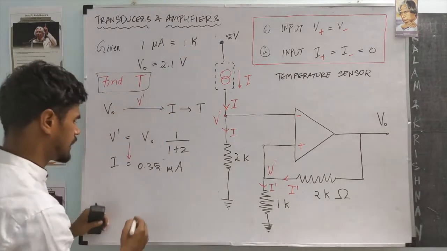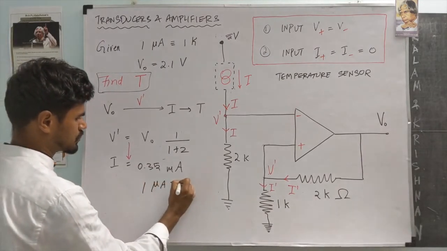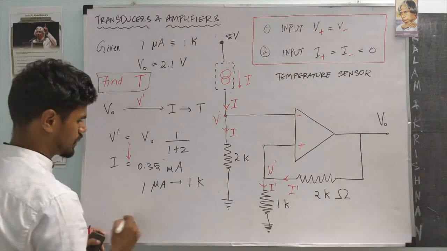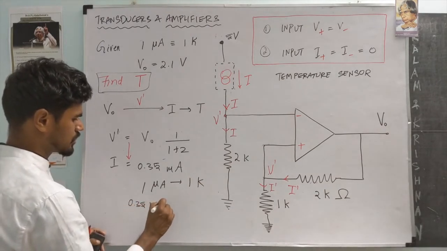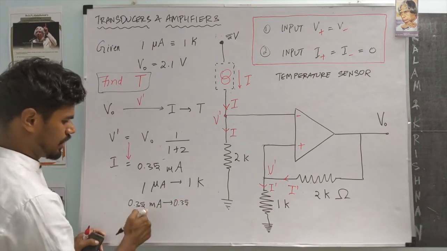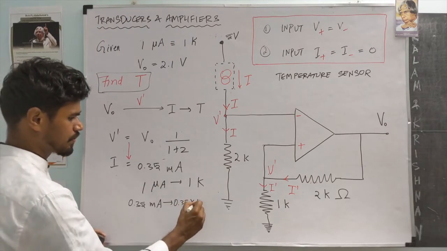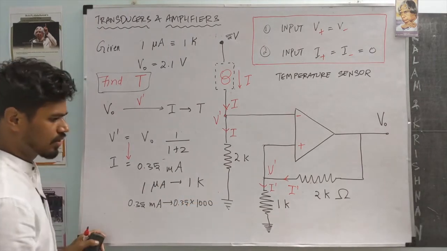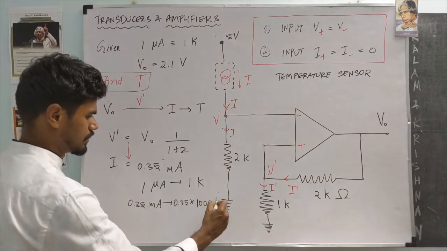They are just very related. We know 1 microamp corresponds to 1 Kelvin. So how much would 0.35 milliamp correspond to? This should be 0.35 times a factor of 1000, since milli is 1000 times higher than micro, in Kelvins.